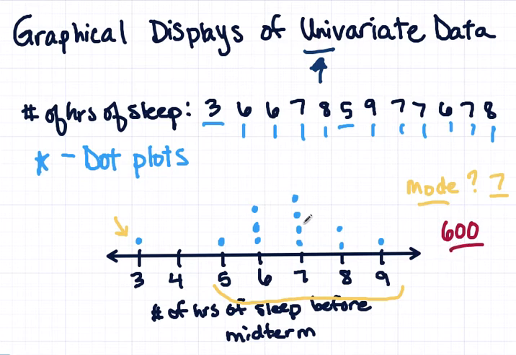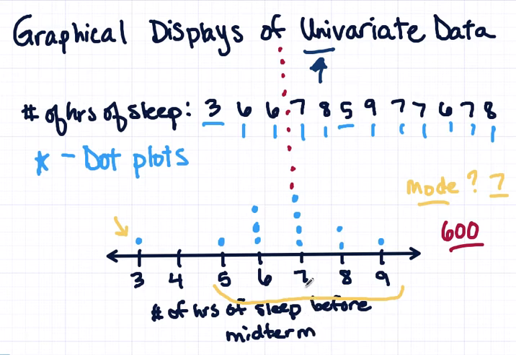However, if we have 600 dots here, imagine that. We're going to have dots going pretty much all the way up past our paper, right? That's a huge number of students. So as soon as we start to have a lot of data points, it starts to become kind of unreasonable to figure out the actual frequency of the different values.